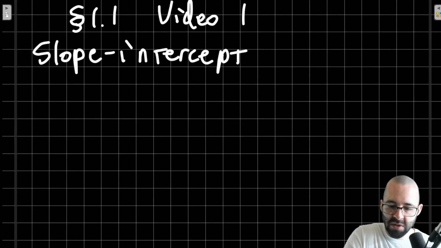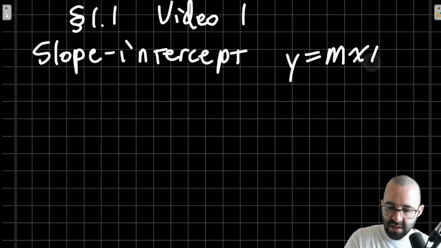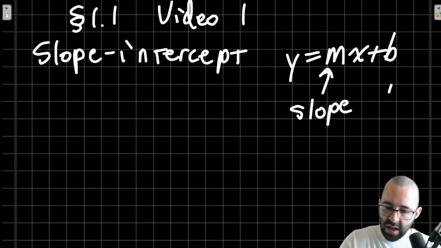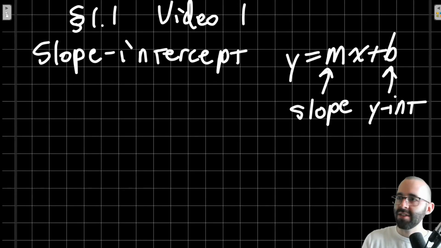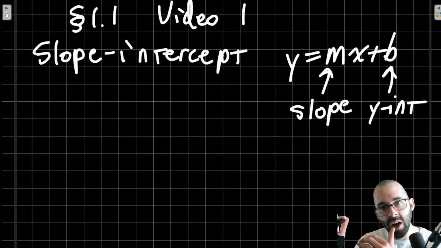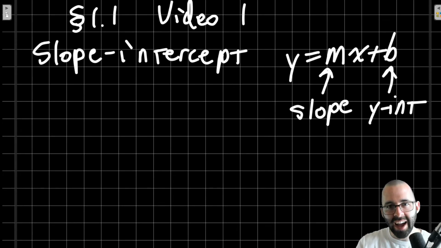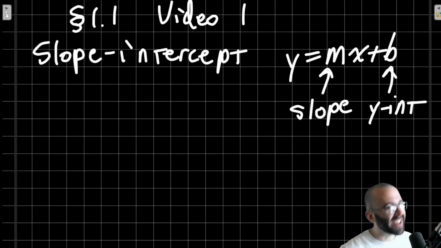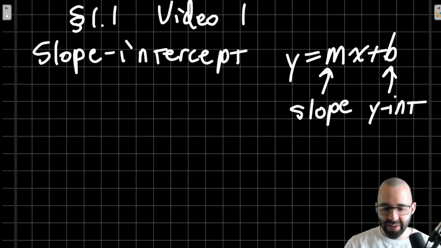All right, and this is the most popular one, and that's just going to be y is equal to mx plus b, where m, remember, is the slope, and b, remember, is the y-intercept. Remember, it's the y-intercept where it crosses the y-axis. Y-intercept because y-axis, okay? Which is when the x-coordinate is equal to 0. All right, and that's the popular one.